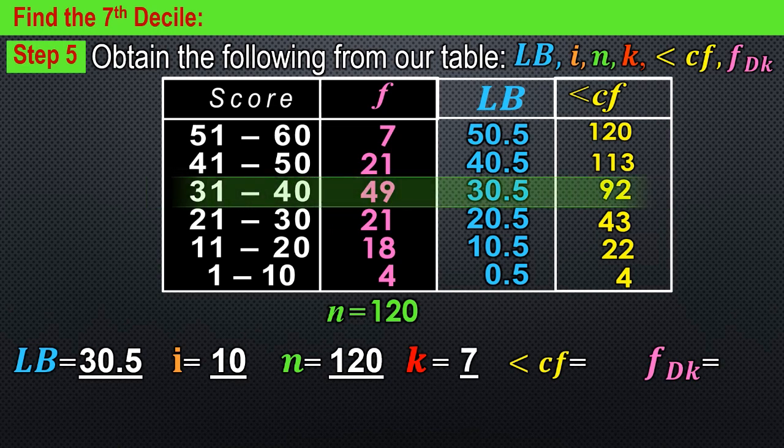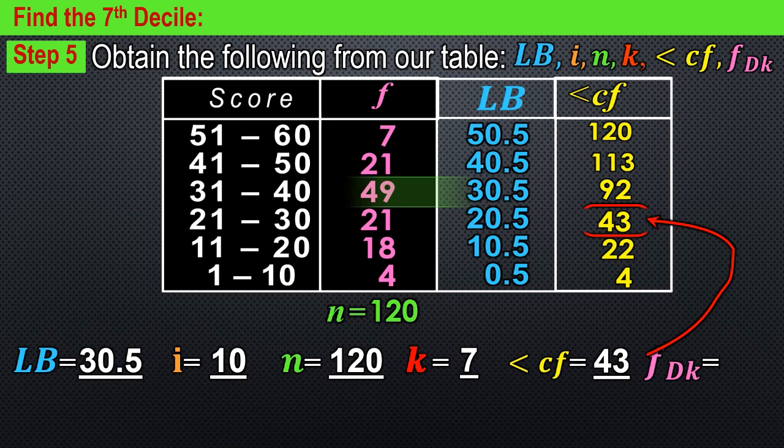Less than CF is 43. Then the frequency of the decile class is 49. So these given numbers will be used in computing the 7th decile.